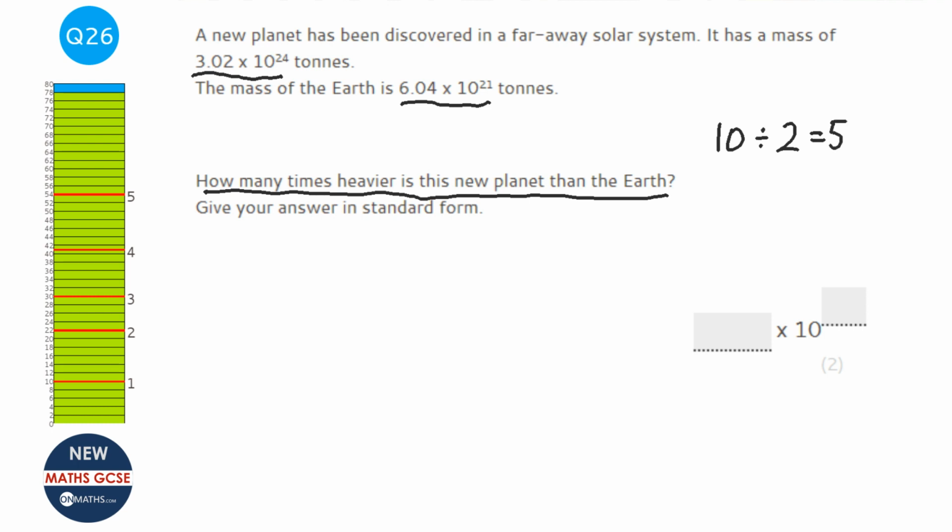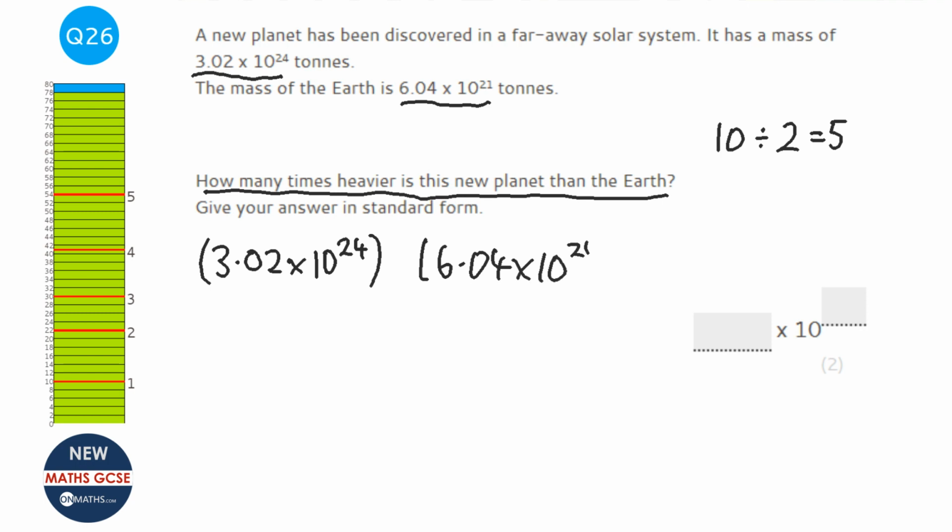It would be 5 times heavier. This time we don't have simple numbers, we've got standard form. So the new planet is this. And Earth is this. So we just divide them.